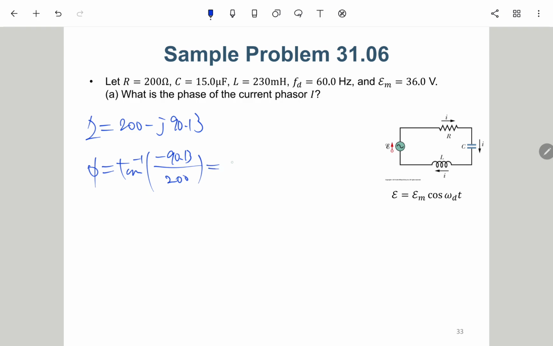And then you press the calculator, it will be negative 24.3 degrees, or negative 0.424 radian. To convert to radians, you take the angle in degrees divided by 180 degrees times pi. So this is the phase. You can just answer either of them.